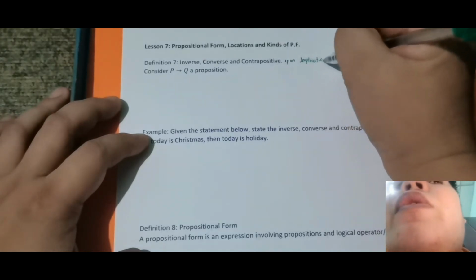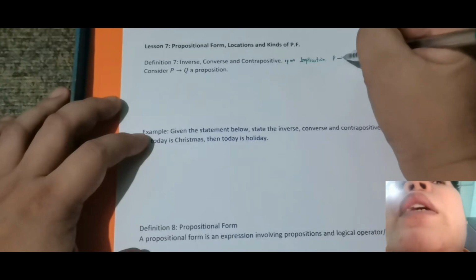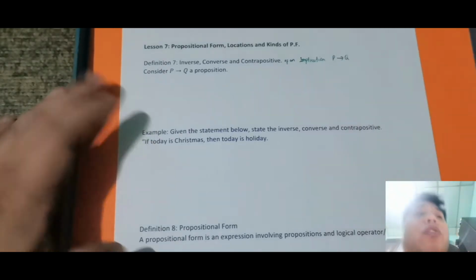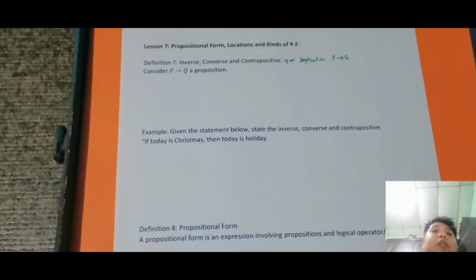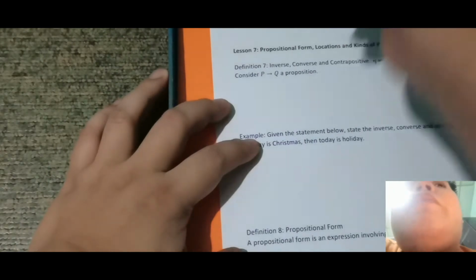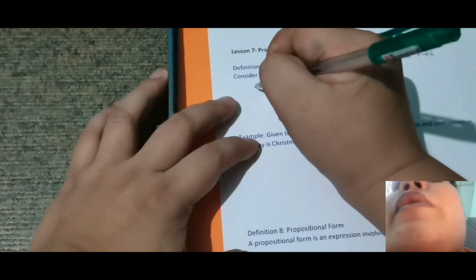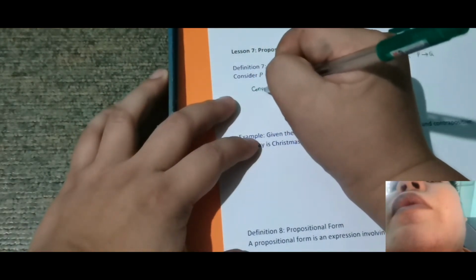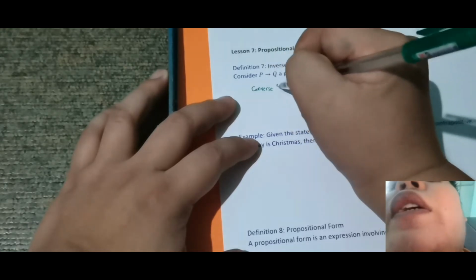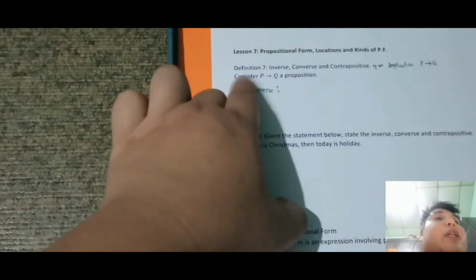So, implication, let's say P implies Q. So, again, kung Q implies P, pasok pa rin tong logic na to. So, again, consider P and Q. So, una is yung ating converse. Okay? So, ano ang converse ng P implies Q?